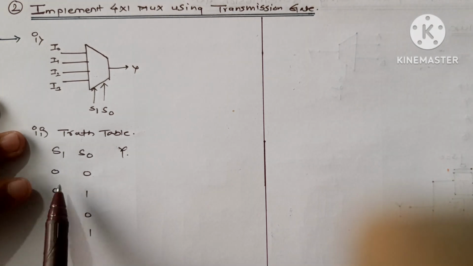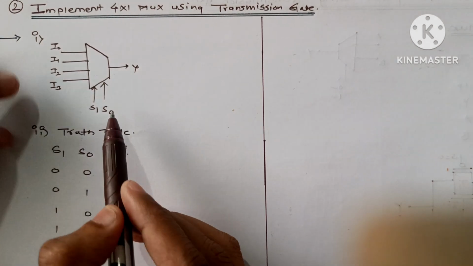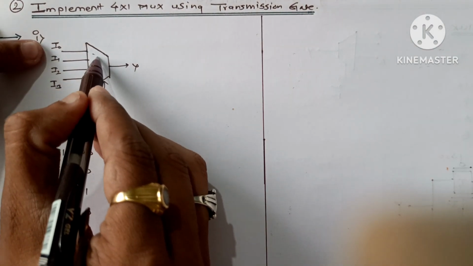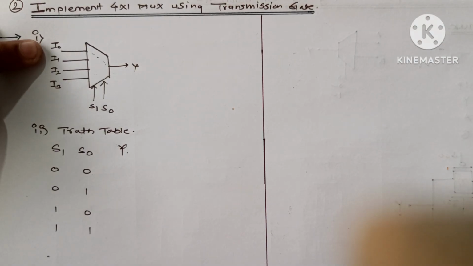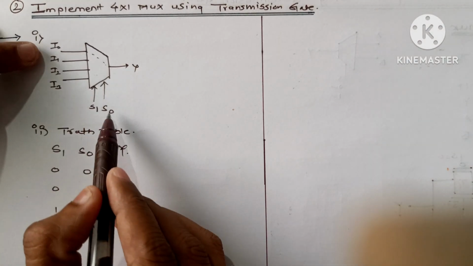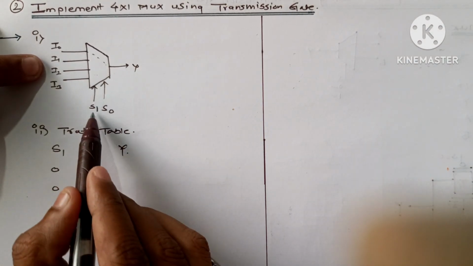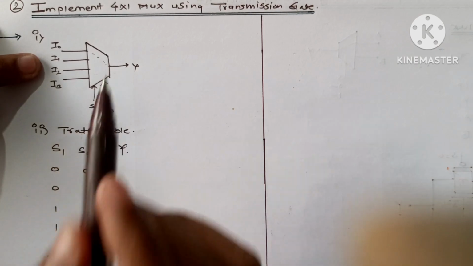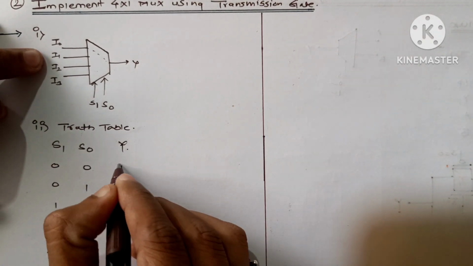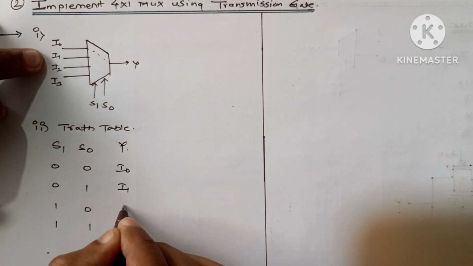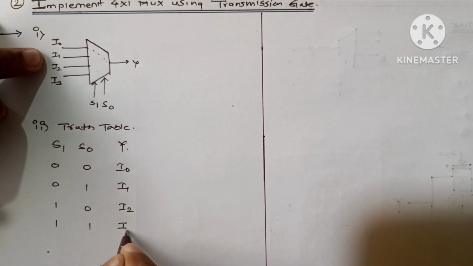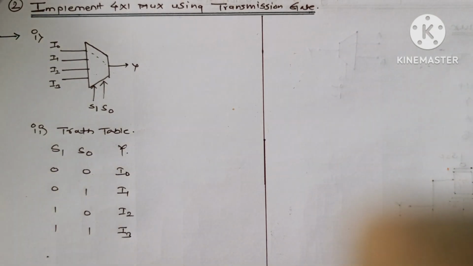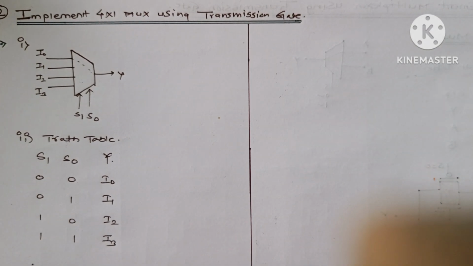When both these lines are 0 0, I0 will be connected at Y, and similarly 0 1 gives I1, 1 0 gives I2, and for 1 1, I3 will be connected to output. So we write I0, I1, I2, and for this I3. This is the truth table of our 4:1 mux.